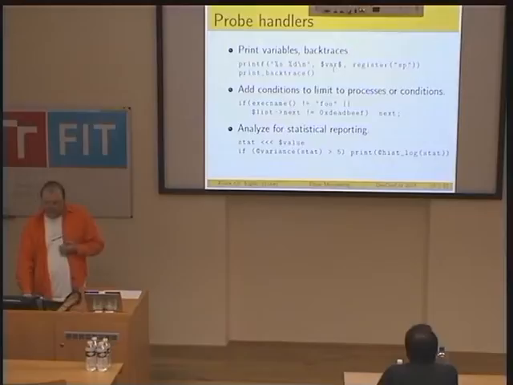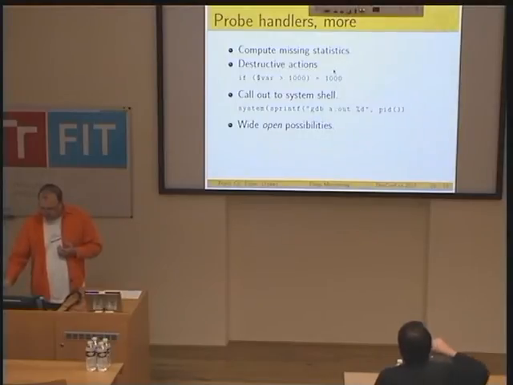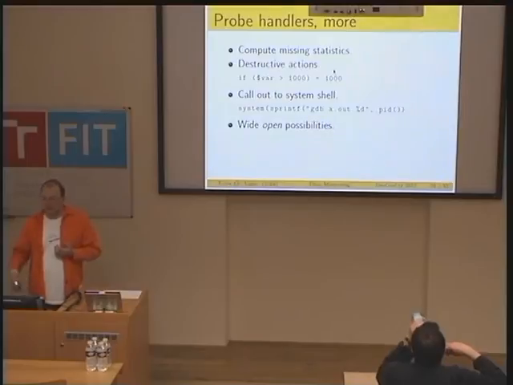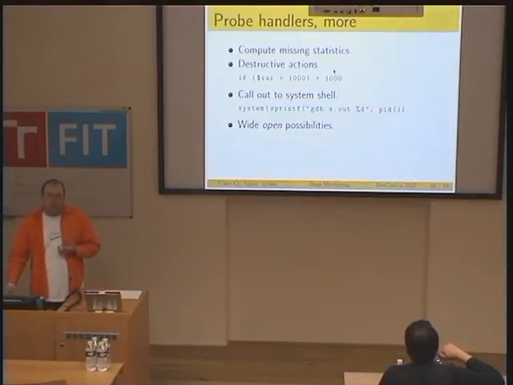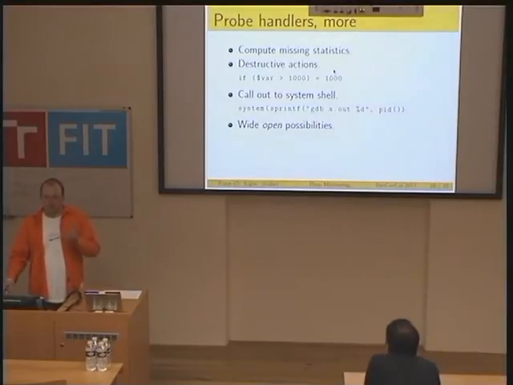We have some built-in statistics features too, which again makes some things very straightforward. We can also make changes to a running program. Sometimes that's necessary if there are security bugs, or sometimes you want to inject a fault, to trigger some unusual response.